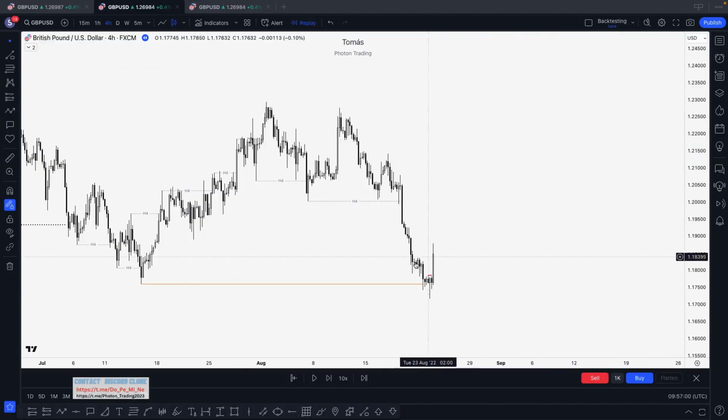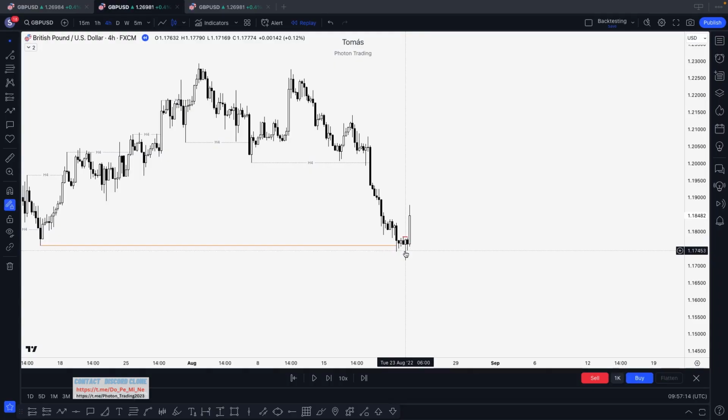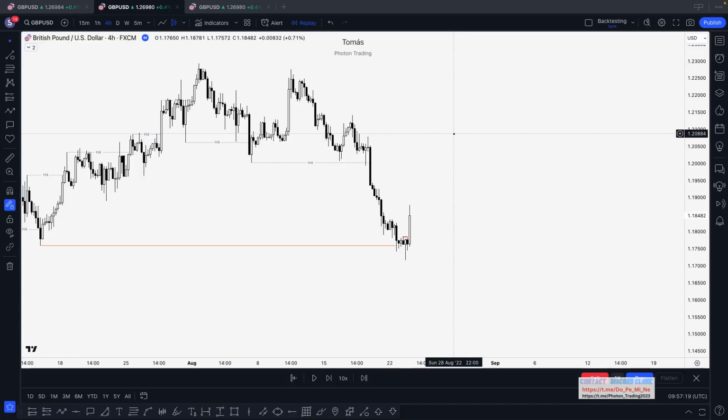But focusing on the most recent price action, okay? This is what I want to talk about today. After the daily sweep of the lows, we can expect some kind of pullback. When do I know that pullback is going to start? We have a clean H4 boss bullish, which is a very strong indication that the pullback may start.